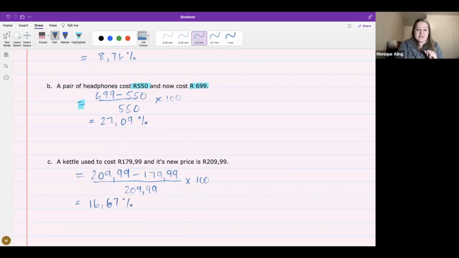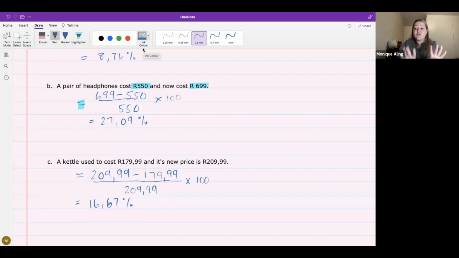Don't forget the percentage sign. Okay, nicely done, everyone. So just a quick reminder, you don't need to show more working out than this, as long as you've got your formula, substituted in the values in the right place, and you times it by 100. That's all you have to do. Get your answer. Remember, always 2 decimal places, and don't forget your percentage sign.